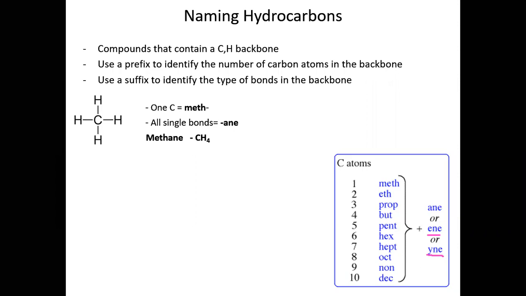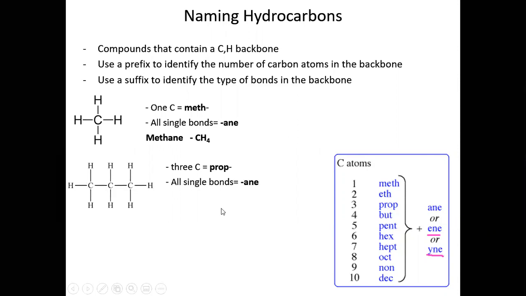Again, the prefix meth because it has one carbon, the suffix "ane" because it's all single bonds. Next we have this hydrocarbon. You count 1, 2, 3. There are 3 carbons. It gets the prefix prop. You see 3 goes with prop. And they're all connected by single bonds, so we get the suffix ane. So this is propane, C3H8, like the propane you buy for your grill.